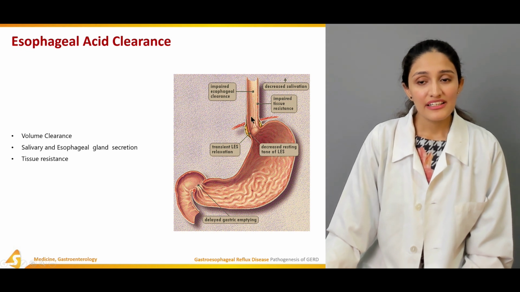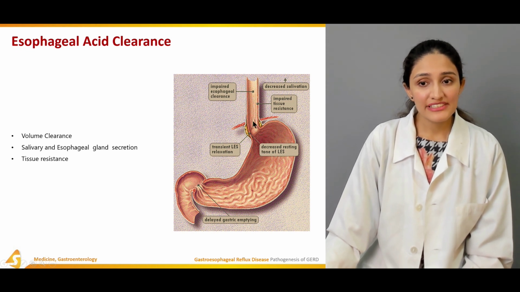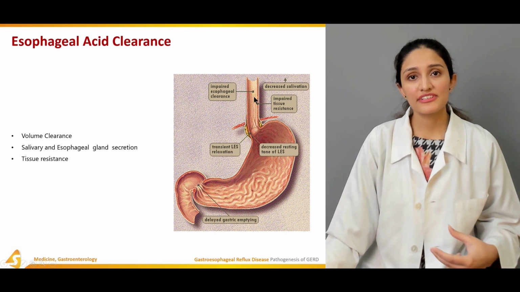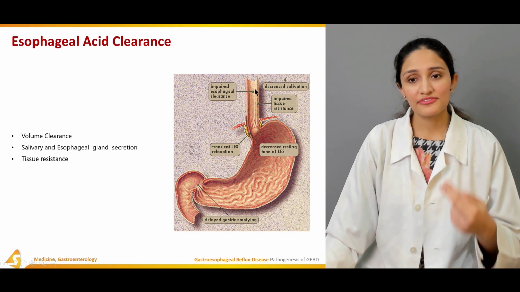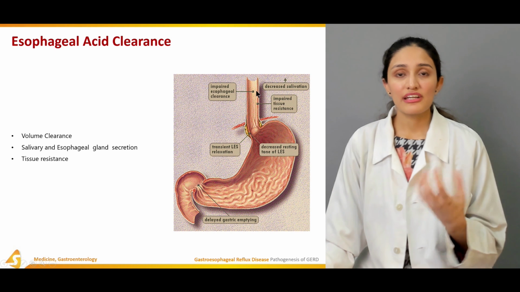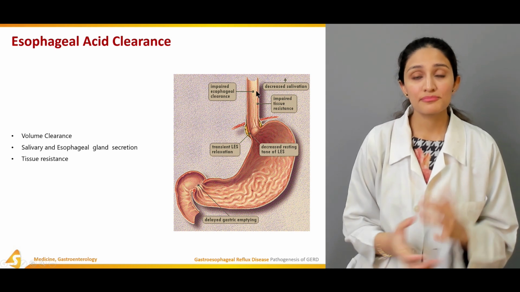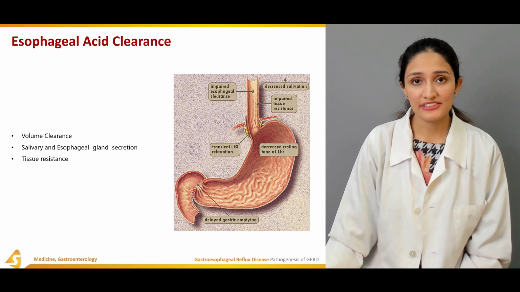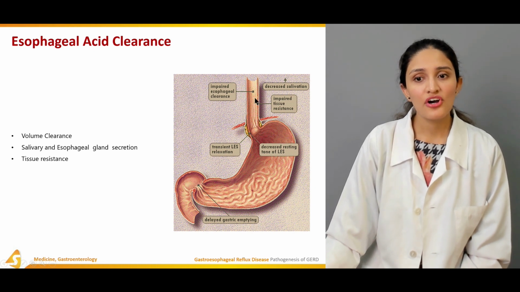It helps in moving forward and clearing the esophagus of the acids and the food into the stomach. It is driven by the primary peristaltic movement, which is called swallowing. The swallowing initiates and helps in clearing the esophagus of the food contents and the acid.